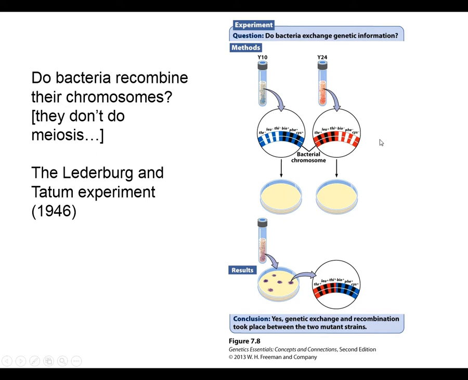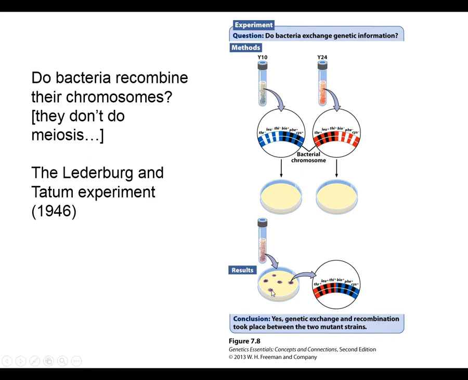So separately, when they plated these cells on minimal media, which just has the basic sugar source, no extra supplements, neither strain can grow. So that's shown here. But when Lederberg-Tatum then mixed the two strains of bacteria together into the same test tube and then plated that out, they didn't get a lot of growth, but they got some colonies.